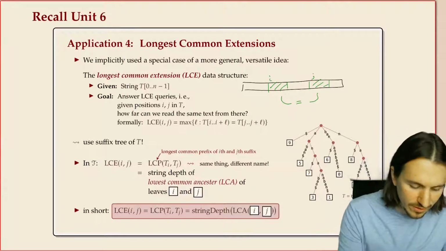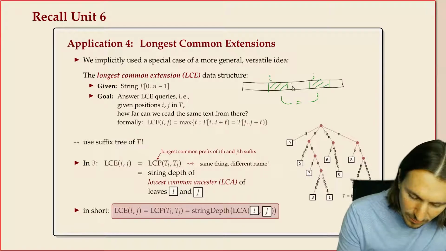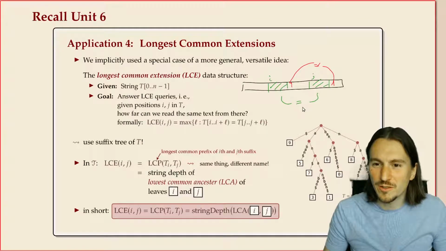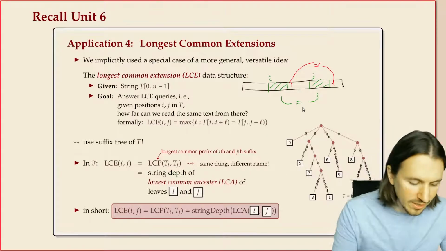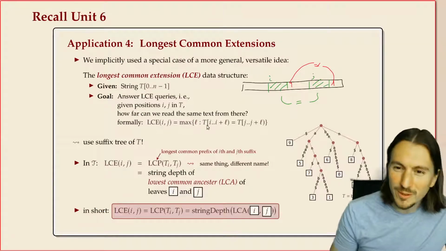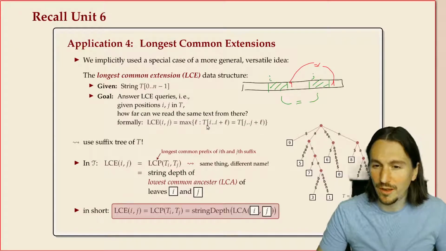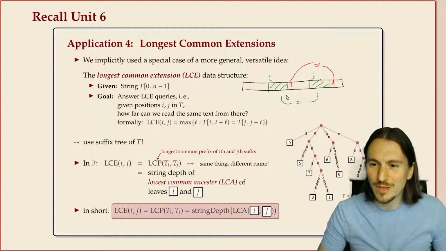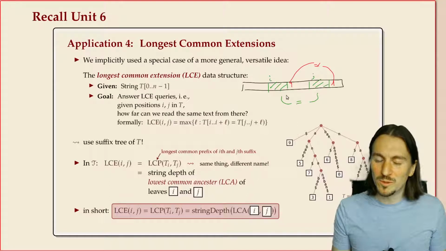And of course, because it's longest, if you go to the next position then it is not the same. Otherwise, your longest common extension would be one bigger. Formally, the longest common extension was the length of this green part, not the string, just another nitpick to make it a little more convenient.